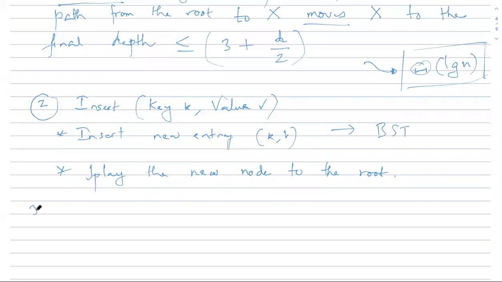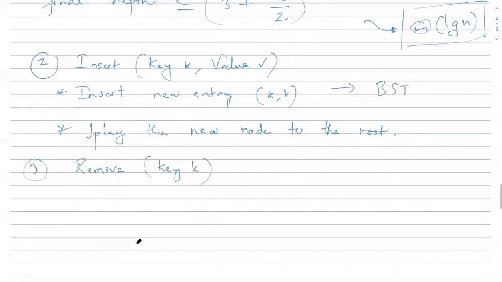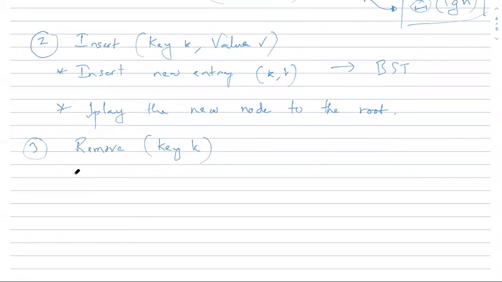Okay. What happens when you remove? So when you remove a key, a node with value key, what is the procedure here? An entry, a node having key k is removed from the tree.